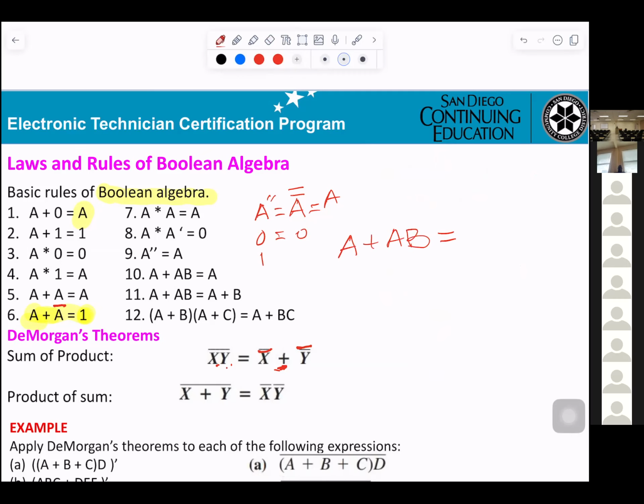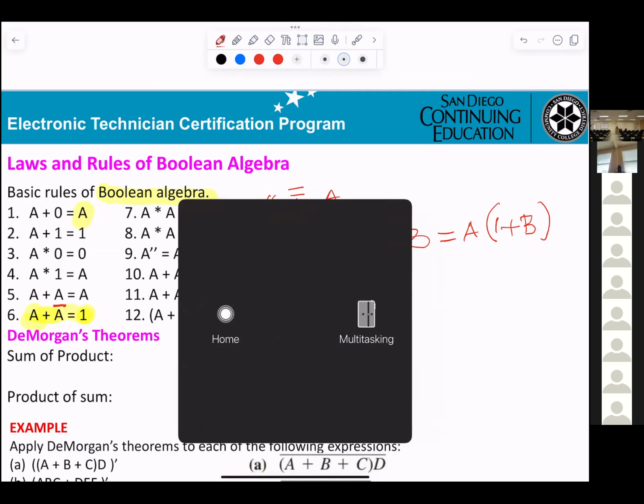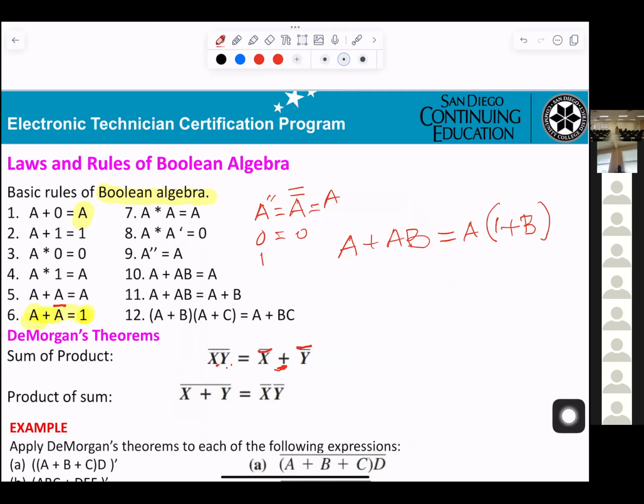First, A or AB, you can write A, open the bracket, that will be A times (1 or B). What is 1 or B equal to?